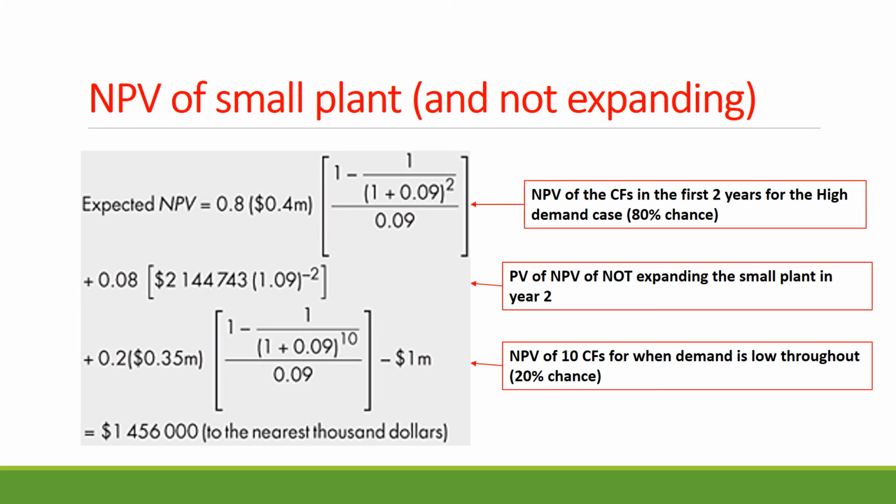With the small plant, so we established before that choosing the small plant and not expanding it is actually better than choosing the small plant and expanding it, right? So we don't have to worry about the expansion anymore. We now would just be looking at the small plant with no expansion, right? So we look at the decision tree for the small plant.